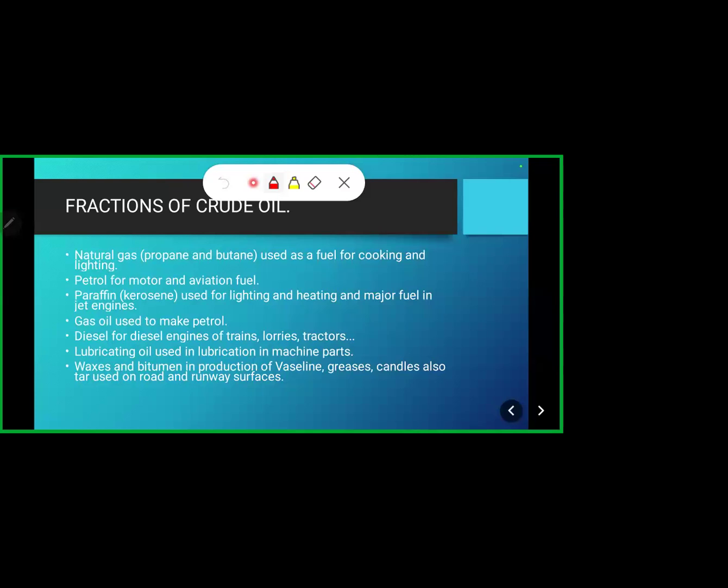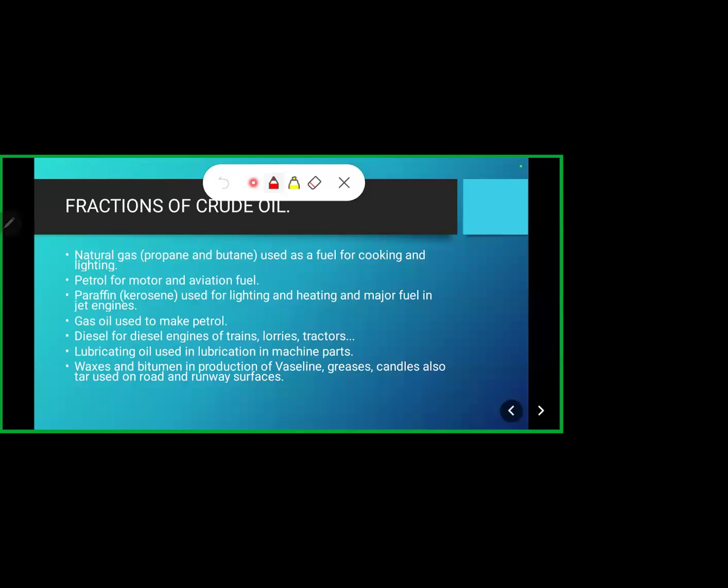And then we also have petrol, which is used in motor and aviation fuel. Then we have paraffin or kerosene, which is used in lighting and heating, and it's a major fuel in jet engines. Then we have gas oil, which is used to make petrol. We have diesel for diesel engines of trains, lorries, tractors, and someone told us those very huge vehicles.